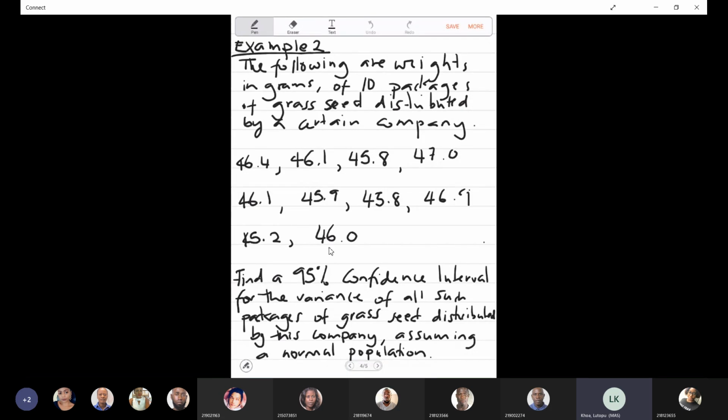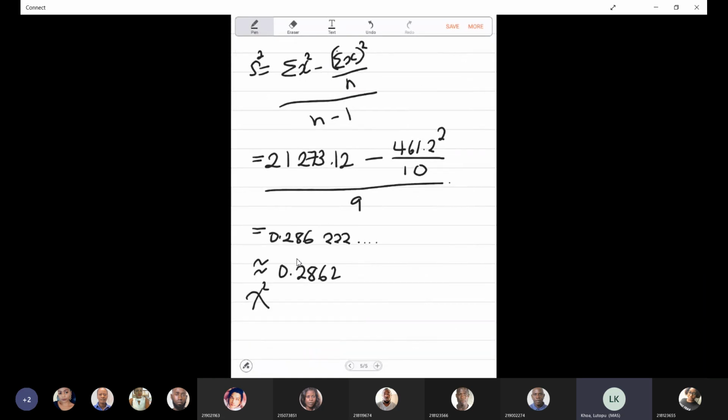Okay, that's fine. So it is a 95% confidence interval, so alpha is equal to 0.05. Then we will divide that by 2 and we get 0.025. And then our degrees of freedom are just 10 minus 1, which is equal to 9.